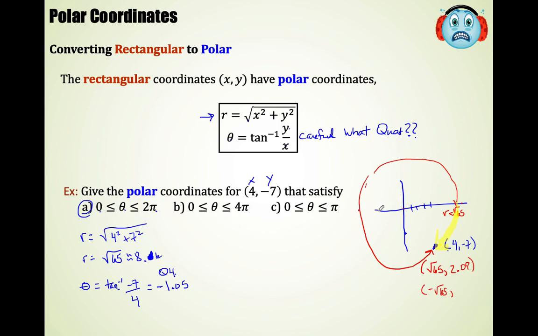If I go out here to negative root 65, right, negative radius, and I want to travel in the counterclockwise direction, how far is this? Okay. Negative, go to here, right? How far is that?